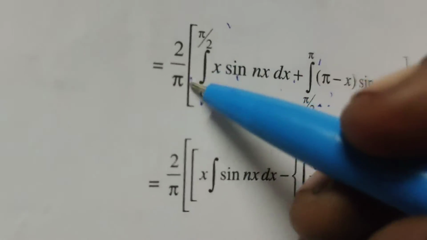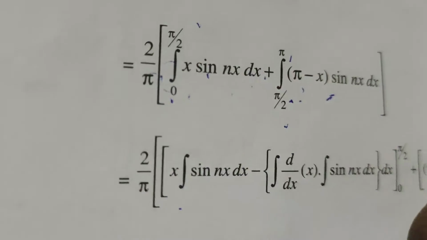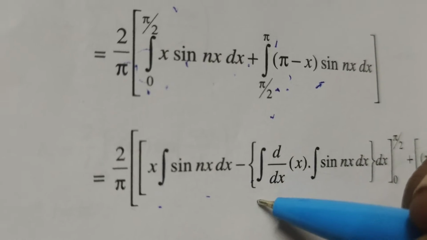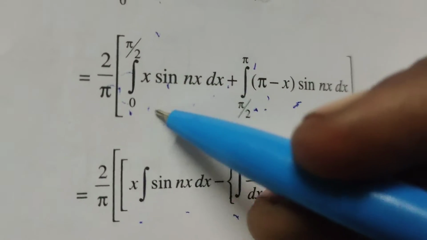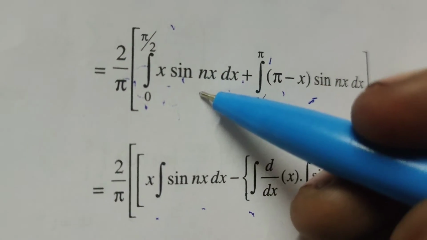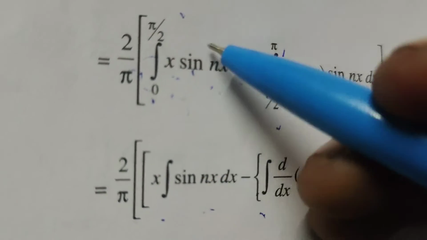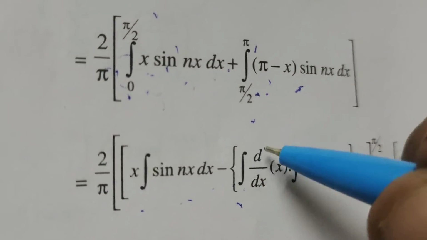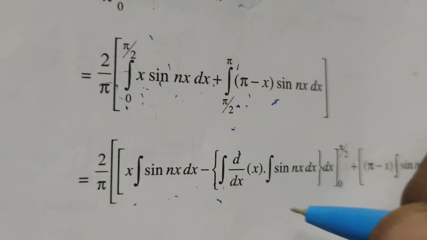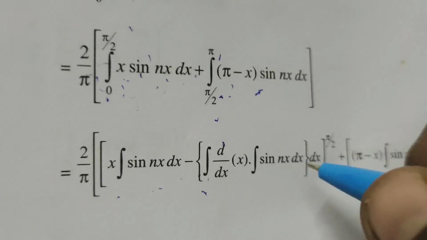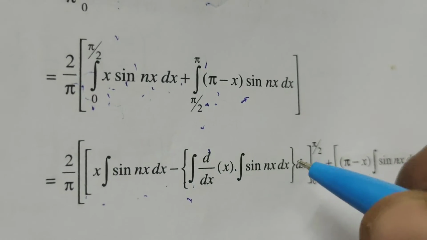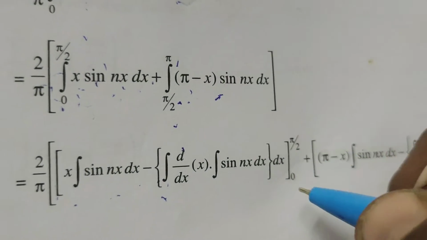Now 2/π, and for the first integral, using the integration by parts uv formula: u times the integral of v dx, minus the integral of d/dx of u times the integral of sin(nx) dx, whole bracket, times dx.